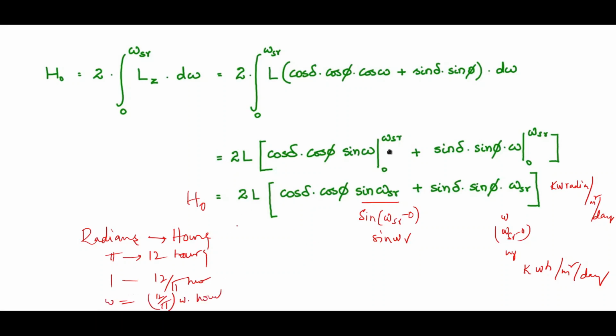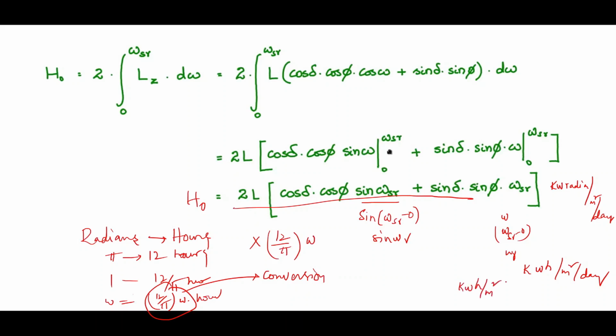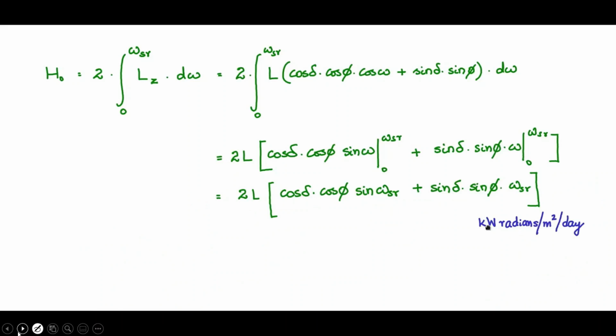So if I multiply this whole expression with this conversion factor, the units will become kilowatt hour per meter square per day. So these are kilowatt radians per meter square per day, and I am going to replace radians with hours.